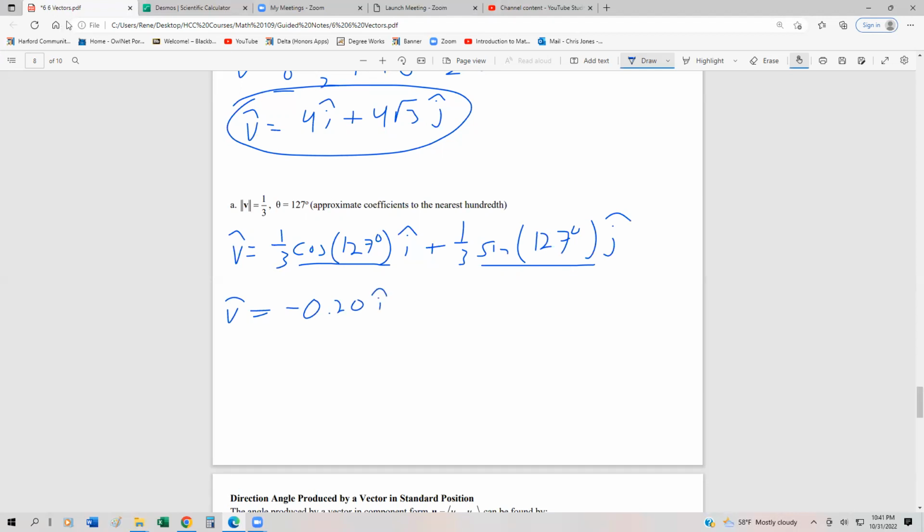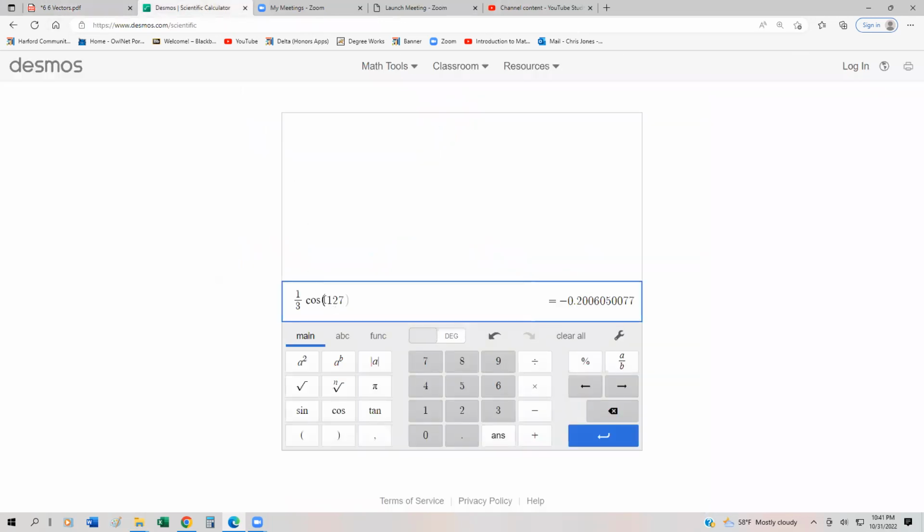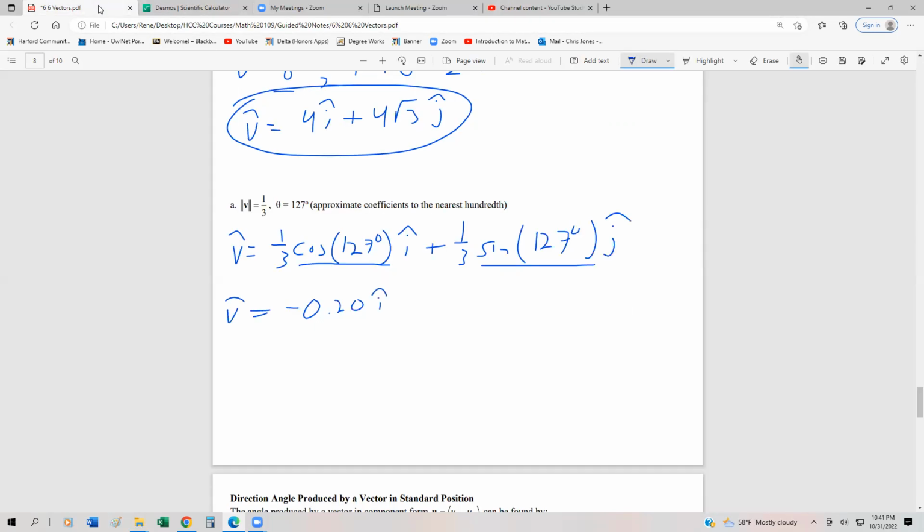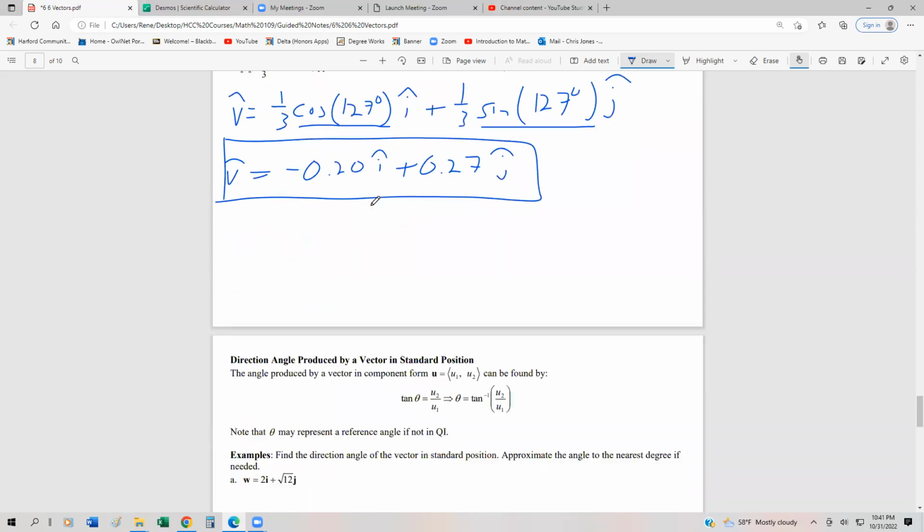And then if we took 1/3 of the sine of 127, that's going to be 0.27, so plus 0.27j. So if it's not an exact angle, or one of the ones that we can look at on the unit circle, that might be the easiest way for us to evaluate.